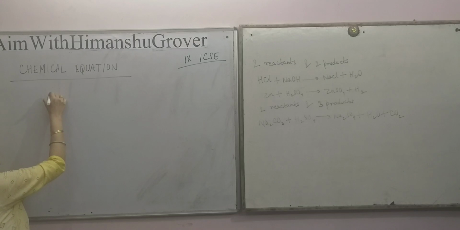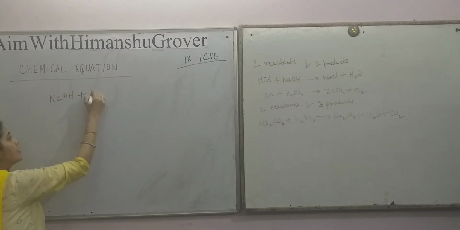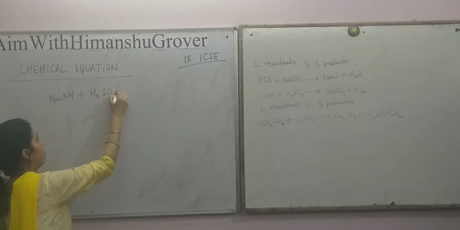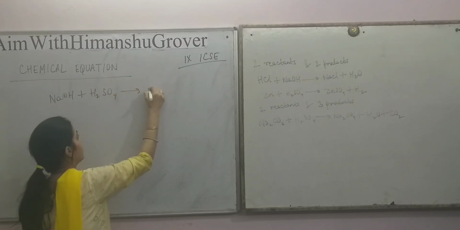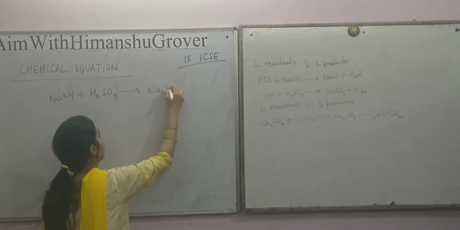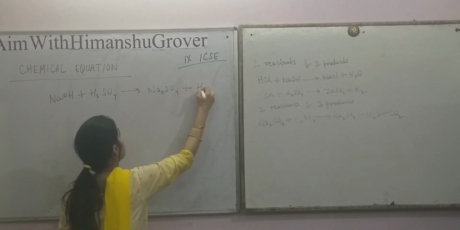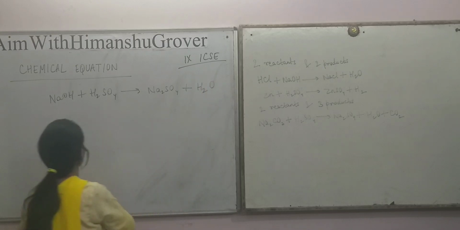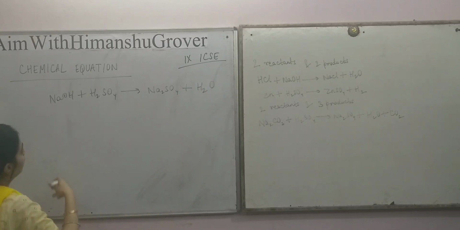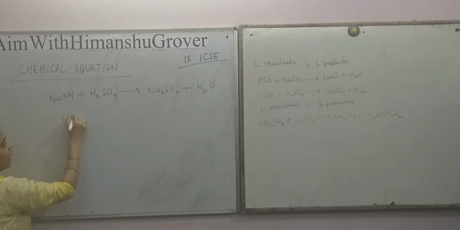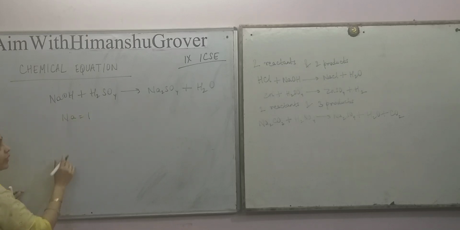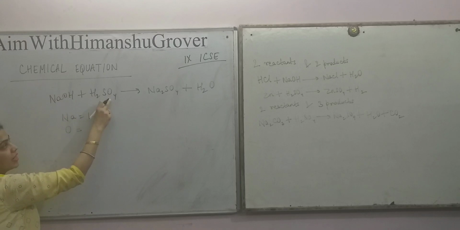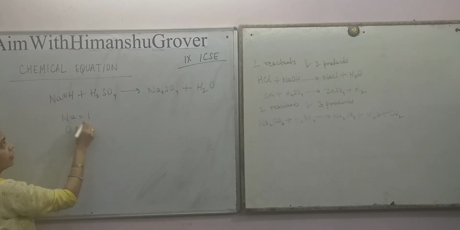If we have to balance NaOH plus H2SO4, it gives Na2SO4 plus H2O. The number of sodium atoms is 1 here. Oxygen atoms 1 plus 4, 5.